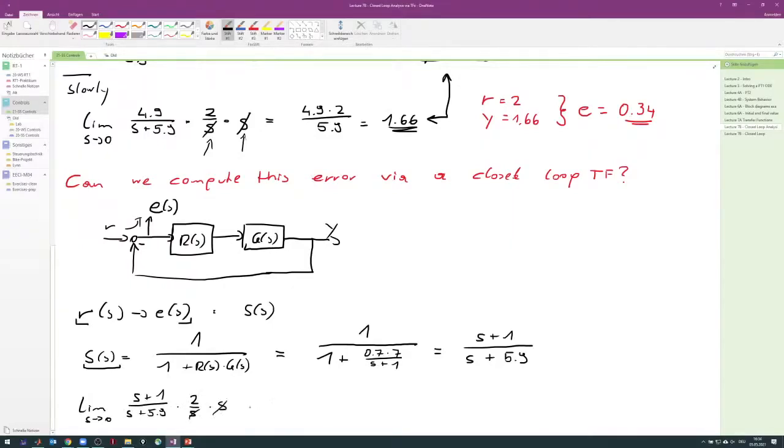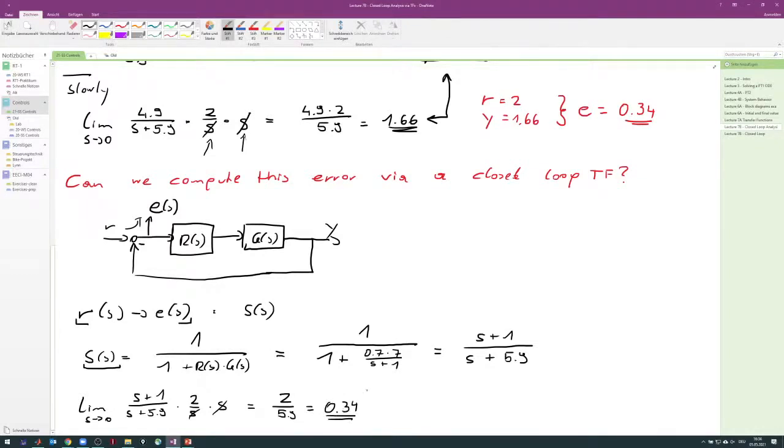This one cancels. We let S go to 0. It's going to be 2 over 5.9, and I hope this is going to be 0.34 over 5.9. Yes, this now is 0.34, right?